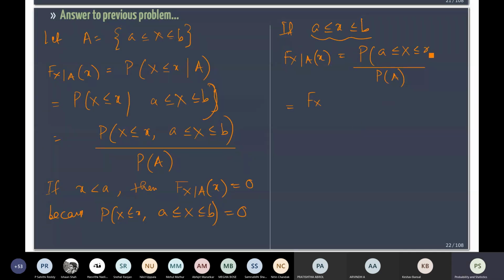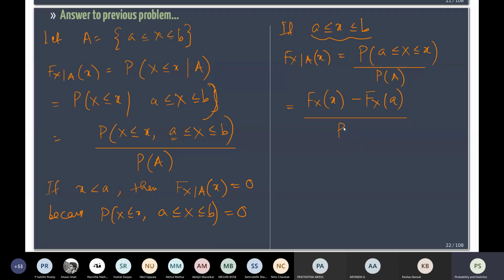So the intersection of X ≤ x and A ≤ X ≤ B has the lower bound given by A and the upper bound given by whatever value X took. So this is F_X(x) minus F_X(a). This is something we know already, how the probability for this is computed.